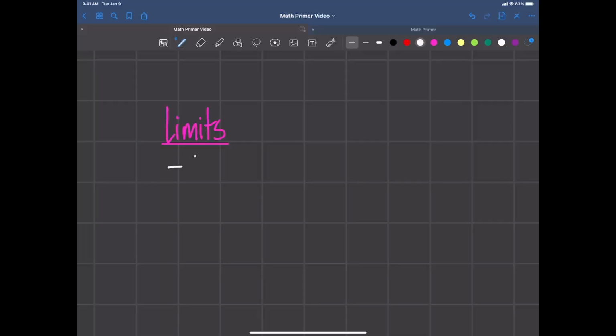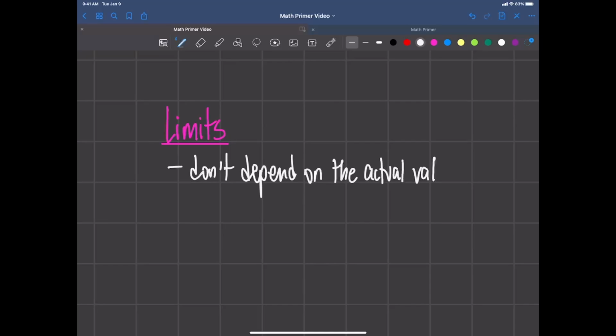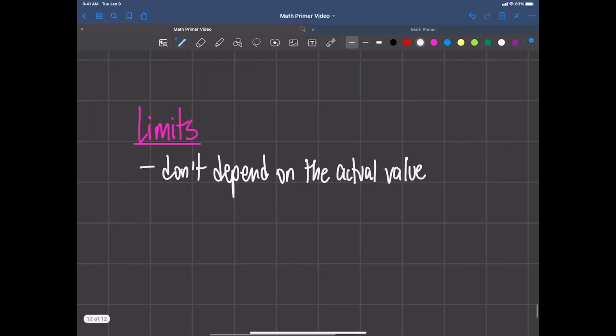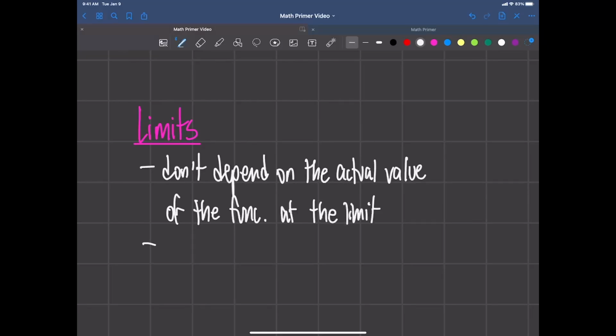So limits don't depend on the actual value of the function at the limit. They just describe how the function behaves when it gets close to the limit.